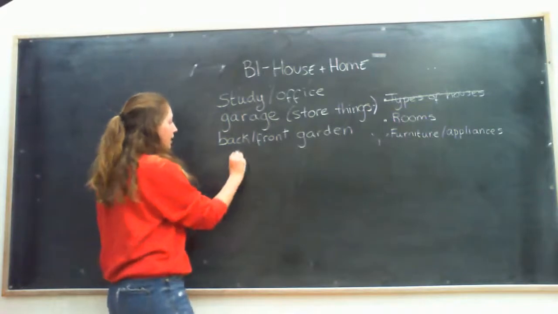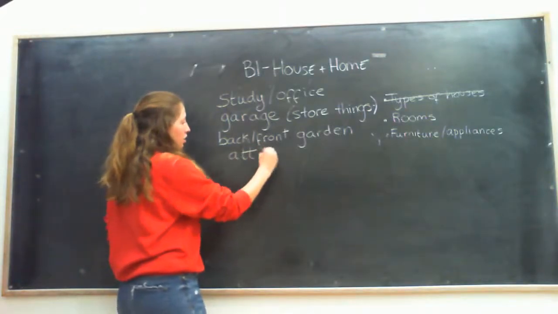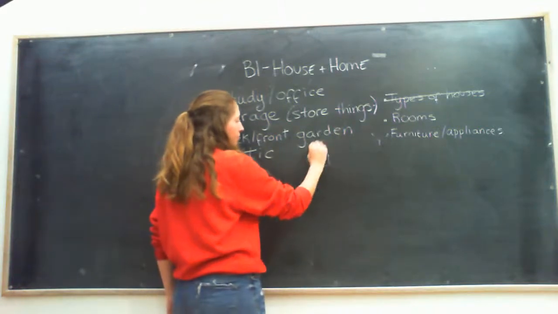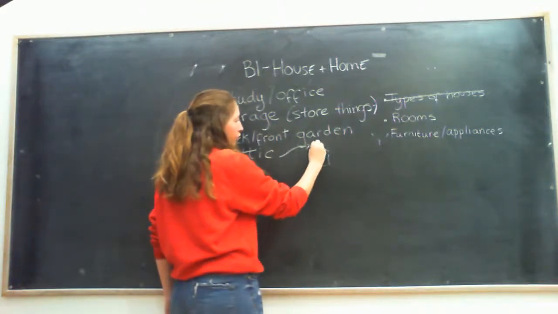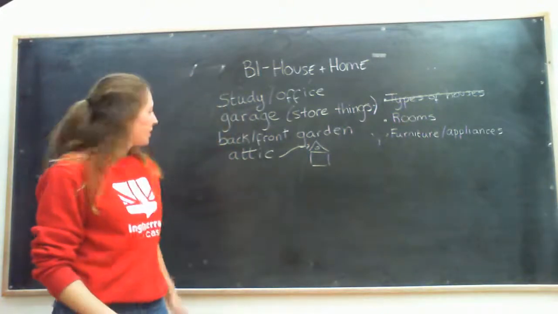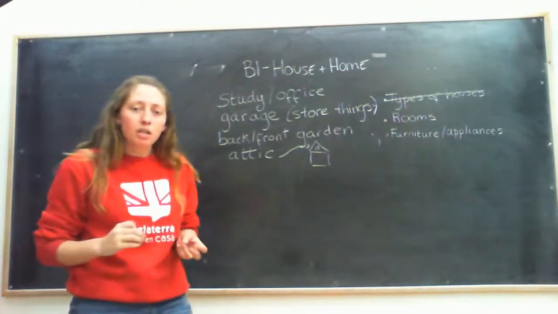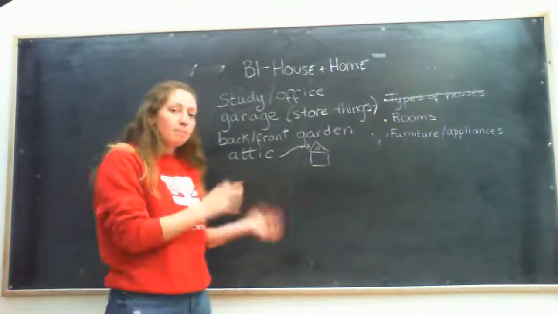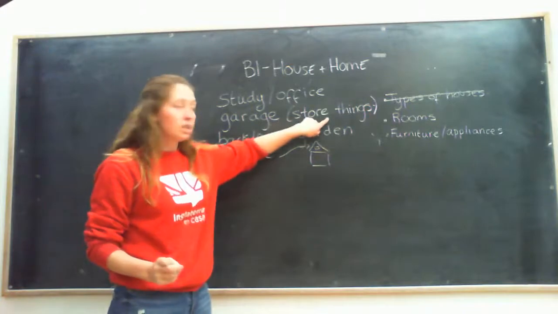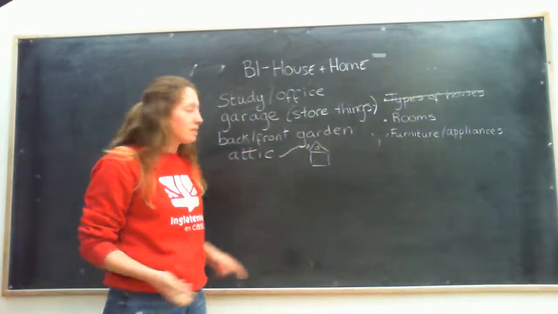Okay, an attic. An attic is normally here, in the roof of the house. Sometimes you will have a room in the roof of the house. Sometimes people use it as a bedroom. Sometimes people use it to store things, to keep things.